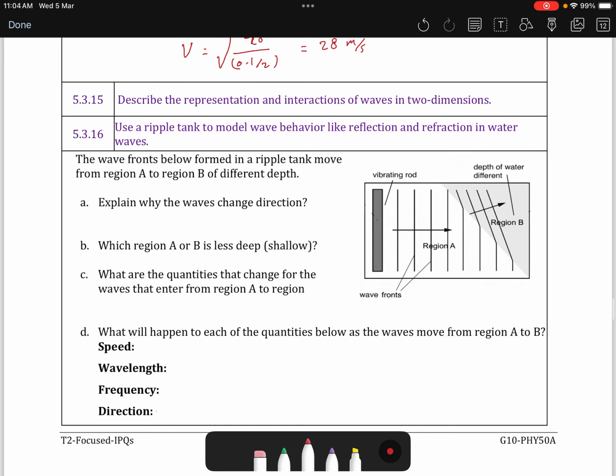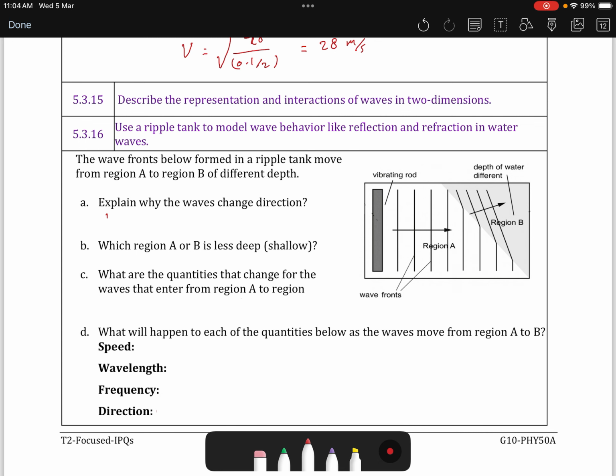Next question. What will happen here? The wave is moving from, let's say, one depth of water to another depth of water. What will happen? The wave will change direction. It will have refraction.